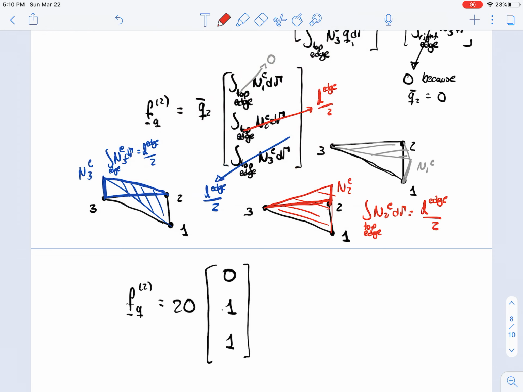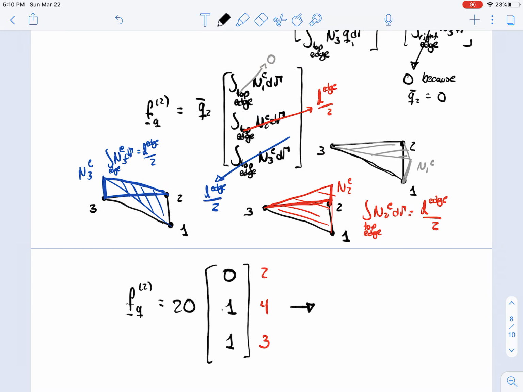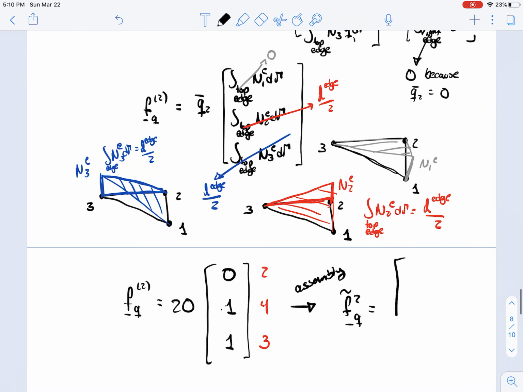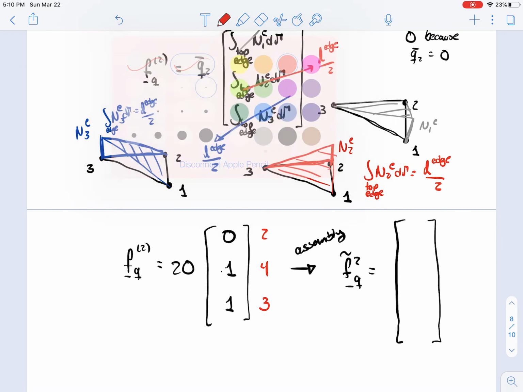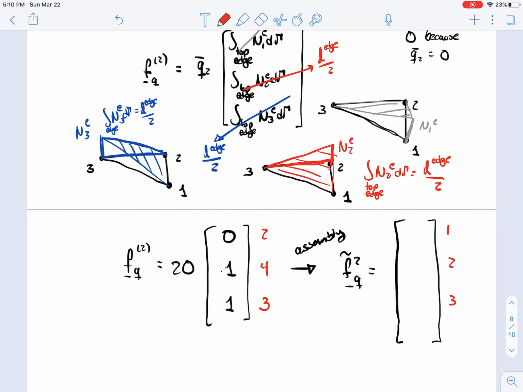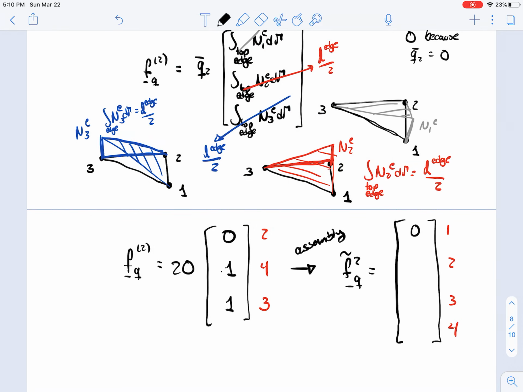And then assemble into the global, so I have my F2Q tilde, which is the size of the total number of nodes: 1, 2, 3, 4.